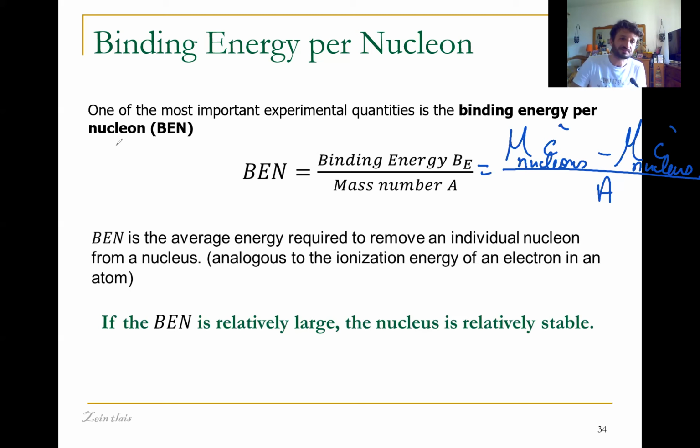This energy is the binding energy per nucleon. It's very important to calculate its value. Why? Because by calculating the binding energy per nucleon, we can classify all the nuclei: which one is stable, which one is less stable, which one is unstable.